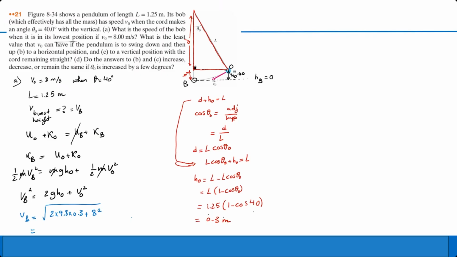Let me see, I might have something missing. Let's just double check everything. No, all looks good. All right, you will get 4.33 meters per second, actually 8.35.